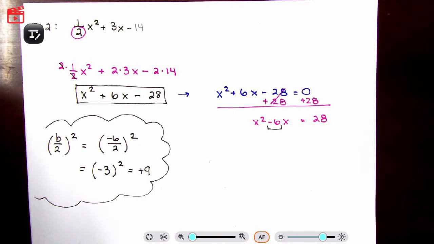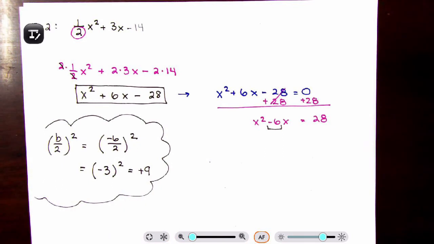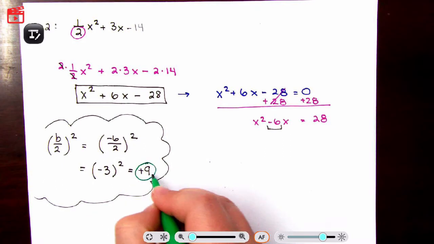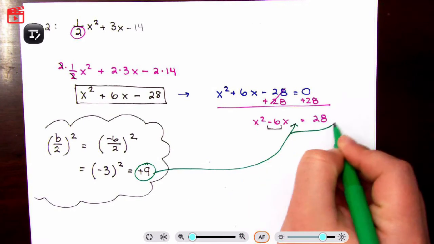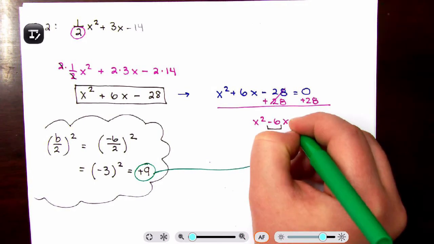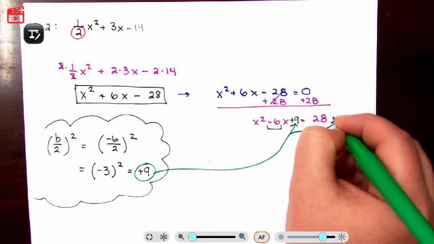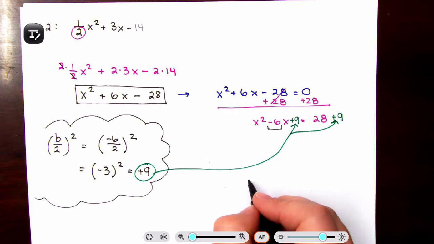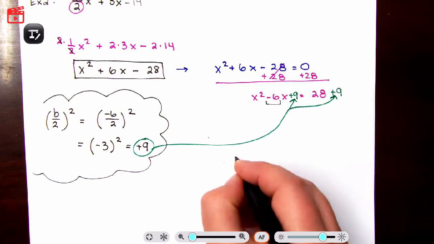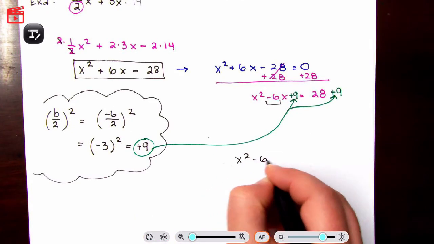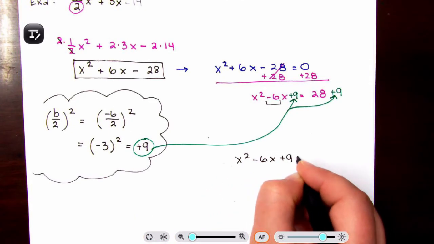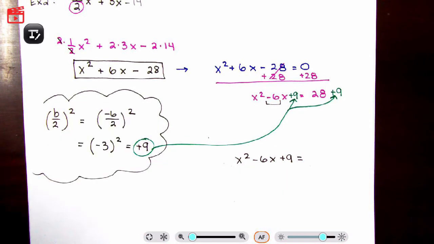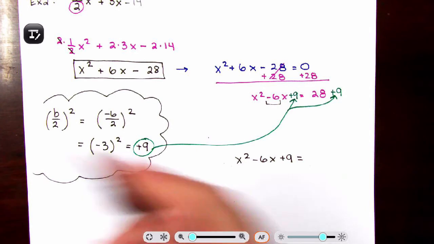So this +9 is what's going to go on both sides of the equation, and we're adding it. So we have a 9 here and a 9 here. Simplifying that side, I'm going to write it down here below my arrow. I have x squared minus 6x plus 9, and that's equal to 28 plus 9. That is a 37.